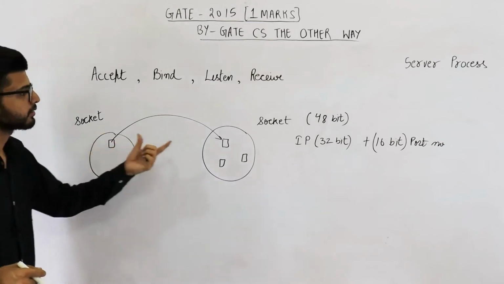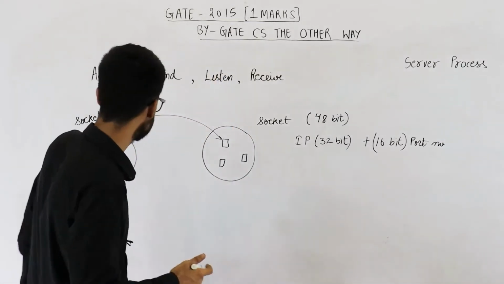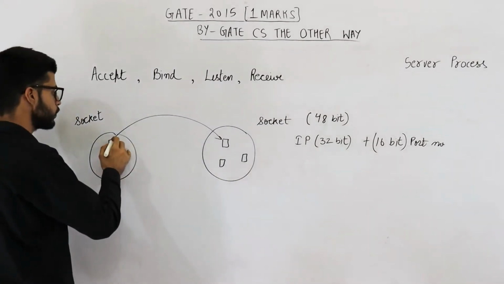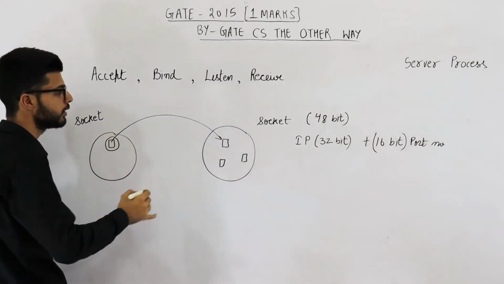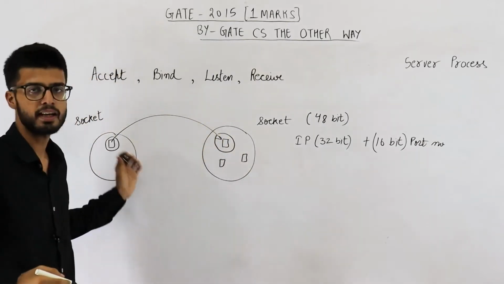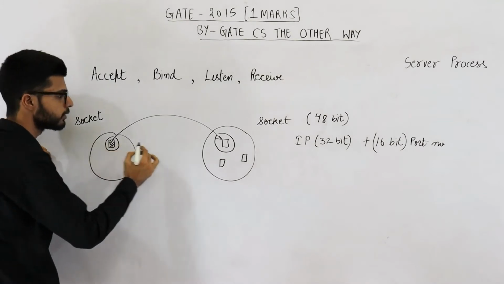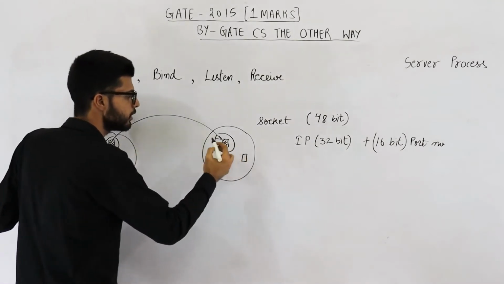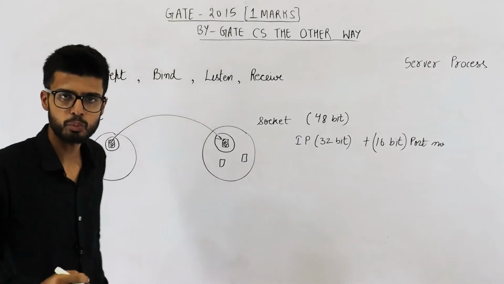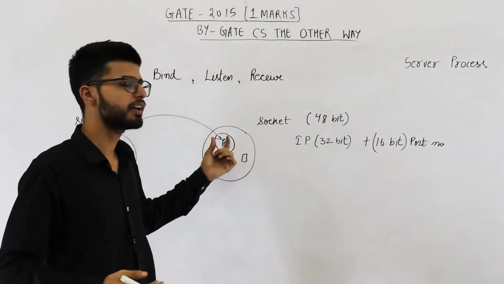Now these sockets, they are sometimes called endpoints of communication. The reason is communication will begin from a socket and it will end at a socket. So both of these are endpoints. Have a look. Actually, this is a process. This one is also a process. So processes must be endpoints of communication, but socket will eventually identify a process only.